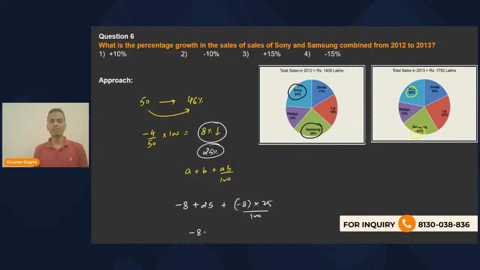So minus 8 plus 25 minus 2, and this comes out to be 15%. So there is a 15% increase in the combined sales of Sony and Samsung. So the correct answer, yes, it is option 3. So once again, not more than 1 minute should be taken to find out the final answer of this, right?